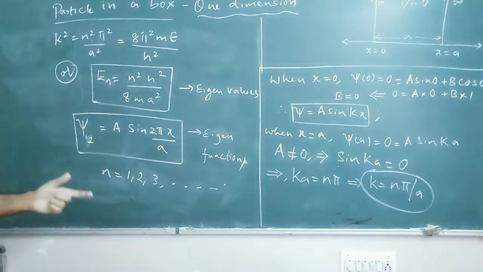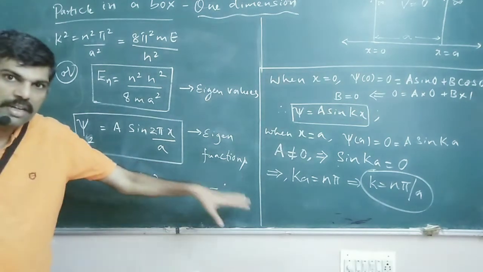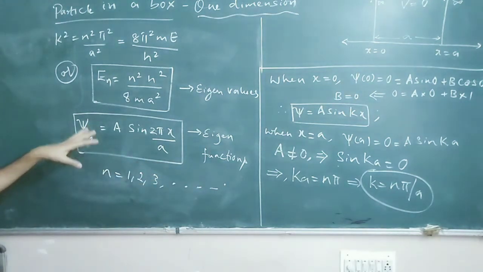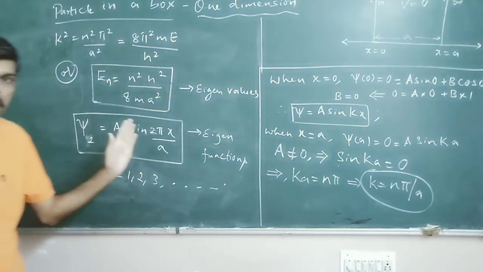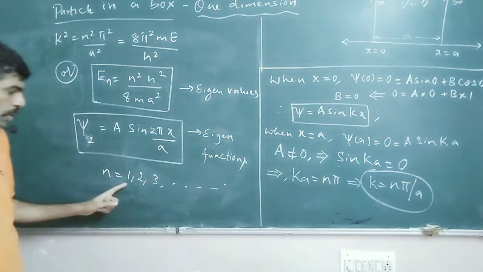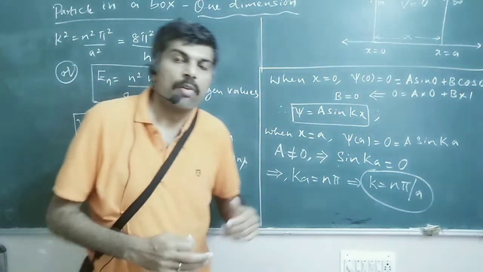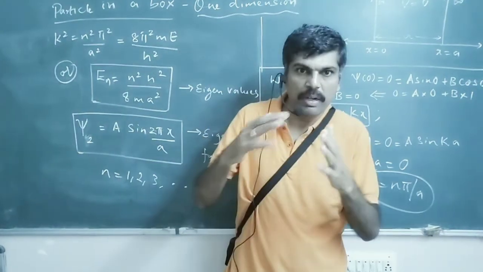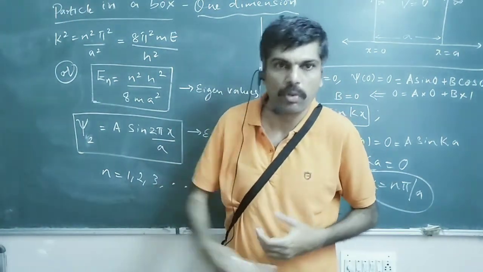So in this way, by putting different values of n as 1, 2, 3, 4, 5, 6, etc., you will be getting different pictures. In this case, the pictures are all one-dimensional pictures. For n equal to 1, you will get one wave function, which is one picture. For n equal to 2, you will get another one-dimensional picture, third picture, fourth picture, so on and so forth.